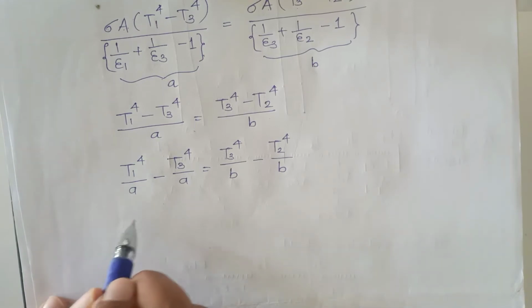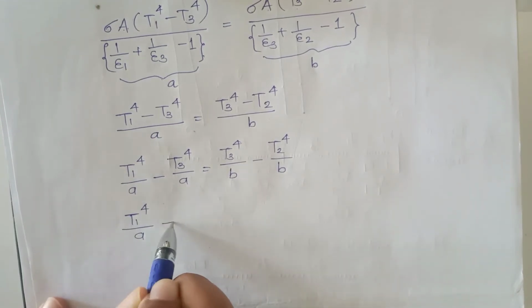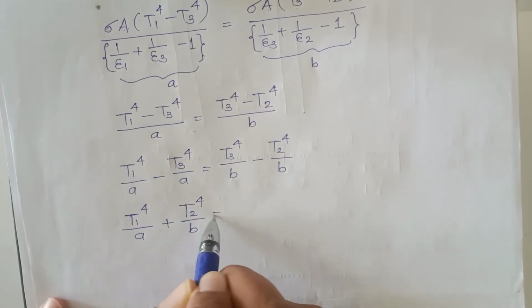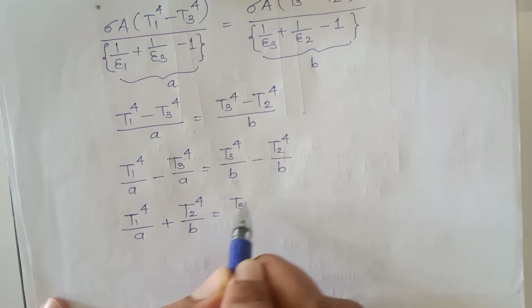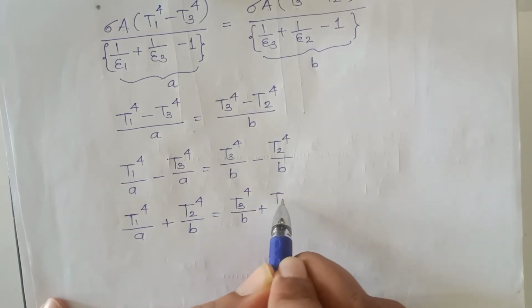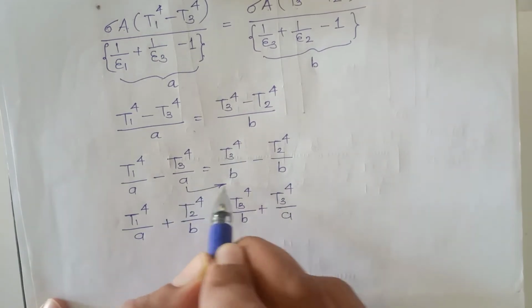So combining, what do we get? We get T1 raised to 4 upon a plus T2 raised to 4 upon b. It will be equal to T3 raised to 4 upon b plus T3 raised to 4 upon a. So we have done this.